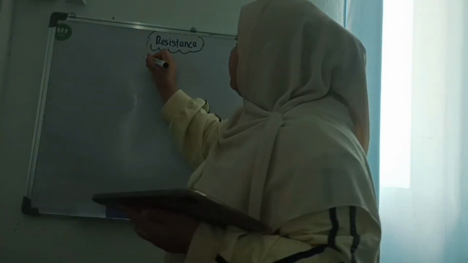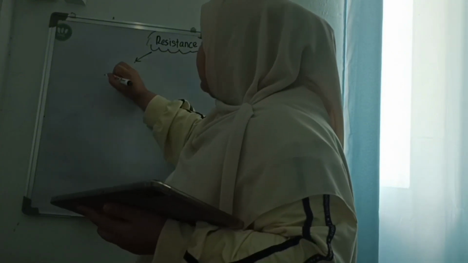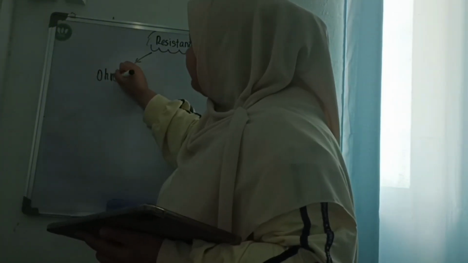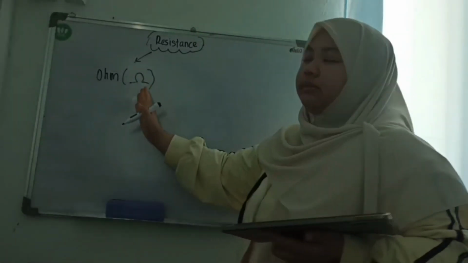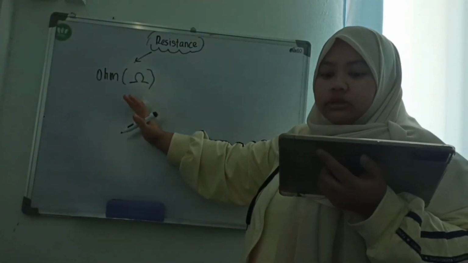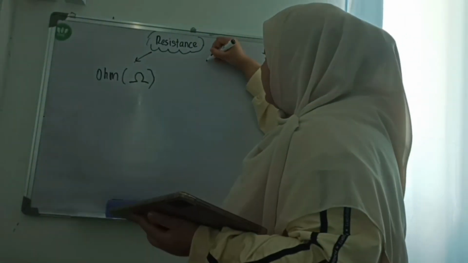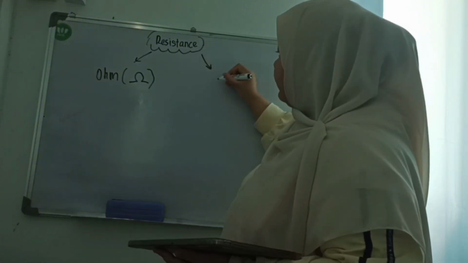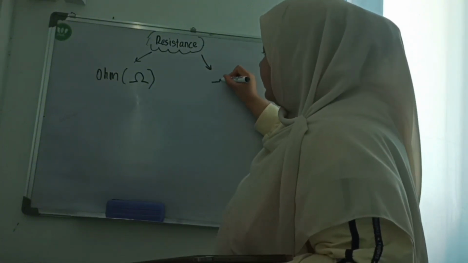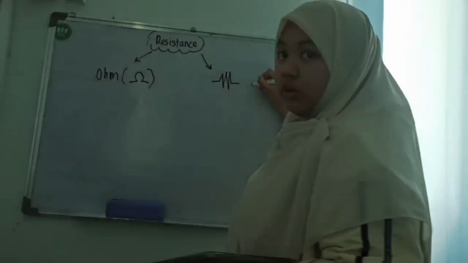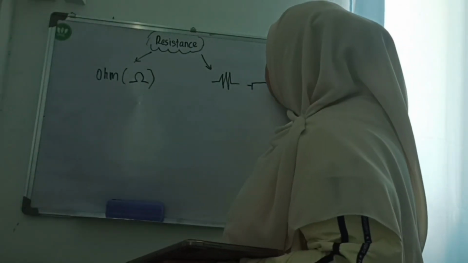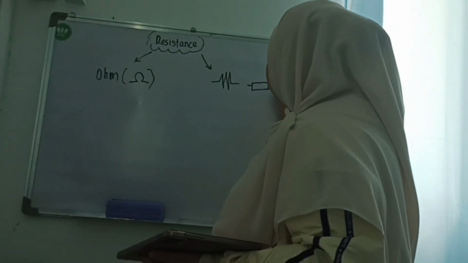So, the unit for resistance will be ohm. The symbol for the unit will be like this. So, how about the symbol in a diagram? Most resistors will look like this, or it can also look like this.